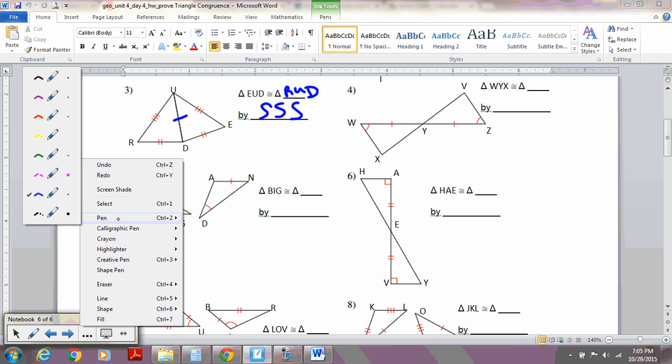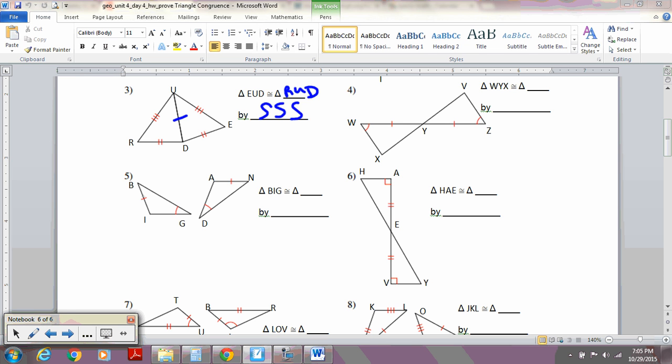Okay, now let's do number 5. We're trying to prove that triangle BIG is congruent to the other triangle. So far, it shows that one side and one angle are congruent.